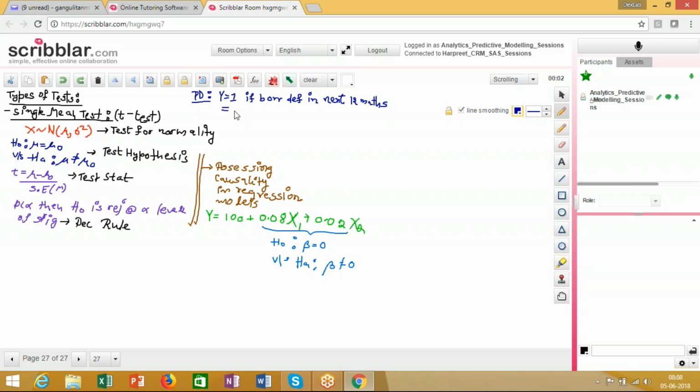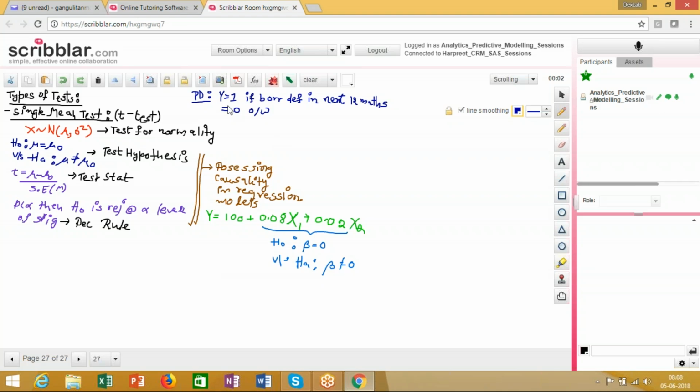The next part is y equals 0 otherwise. So over here, our objective is to estimate the probability of default.